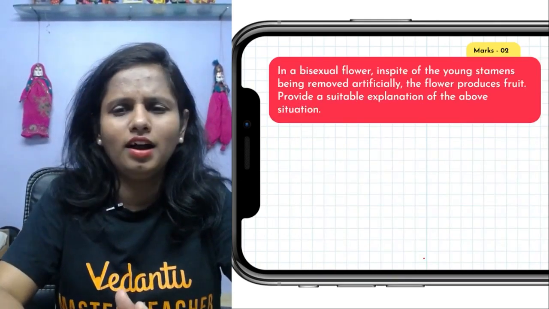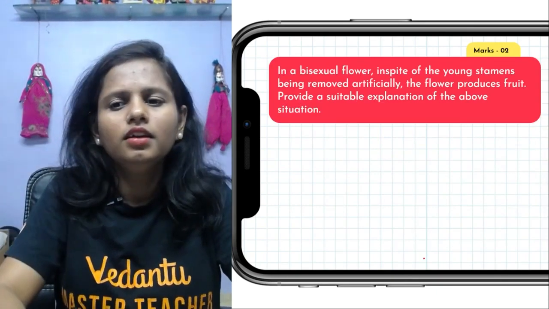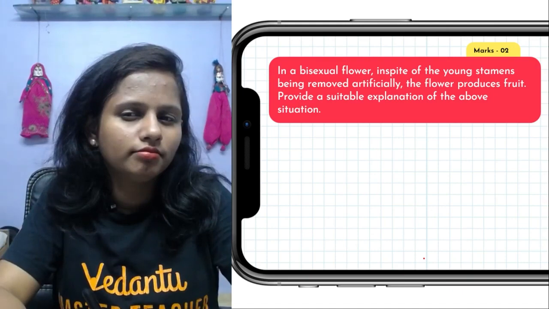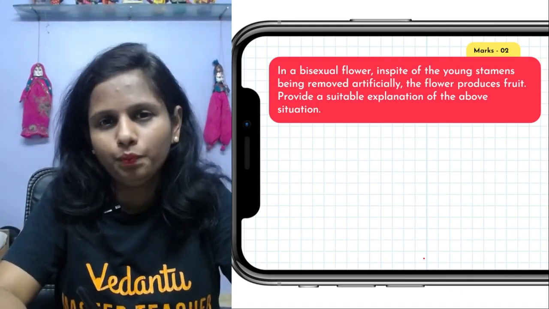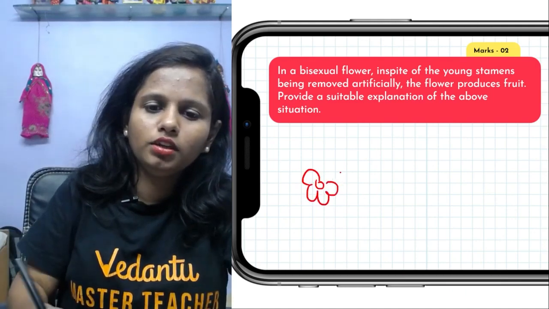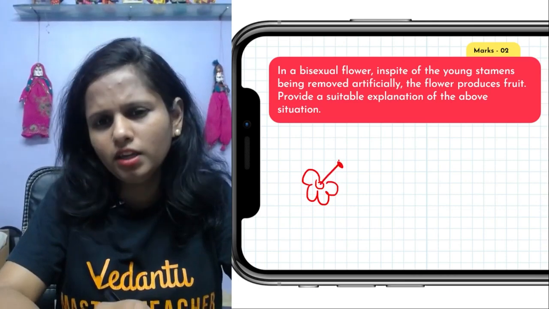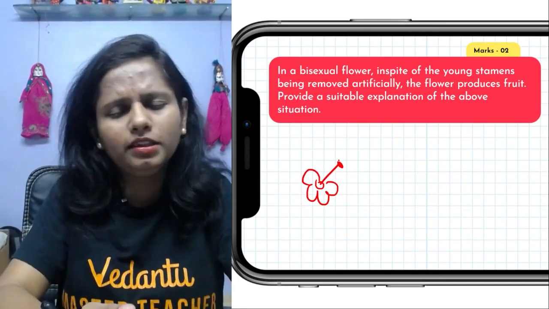In a bisexual flower, in spite of the young stamens being removed artificially, okay, the flower produces fruit. Explain. How? Okay, now suppose there's a flower, okay, and it has the female part, that's the stigma, okay, and the male part, stamens, have been removed.